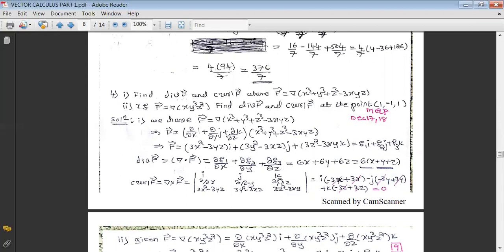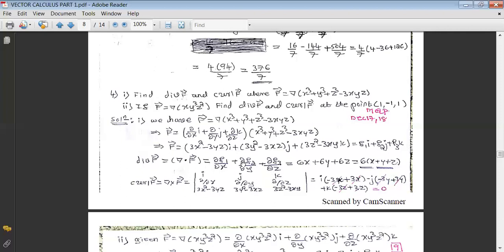Once you evaluate this determinant, that is i into, operate this one on this minus this on this. When you operate this one with respect to y, you will get minus 3x, and when you operate this one on z, this is constant, 0, minus 3x, minus of minus becomes plus 3x, that is minus j.